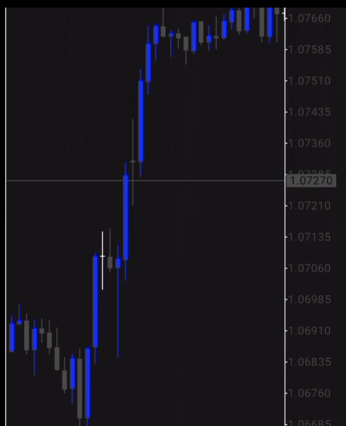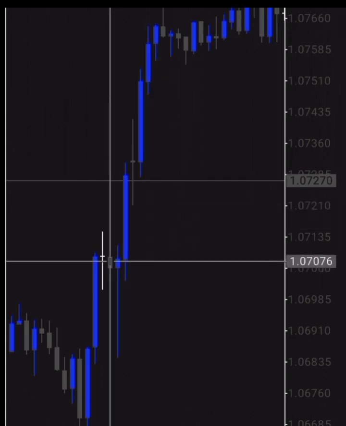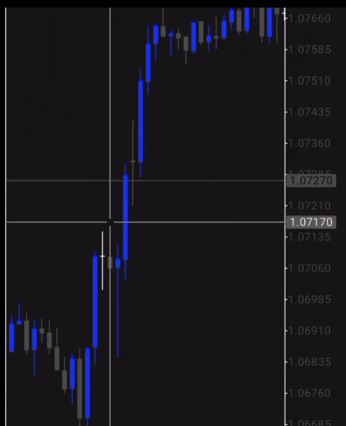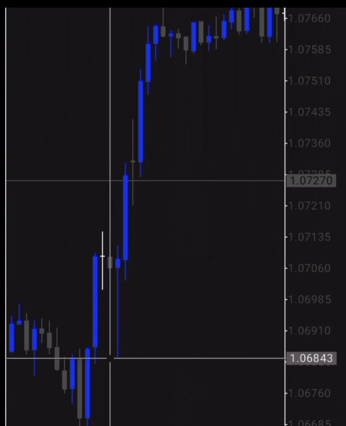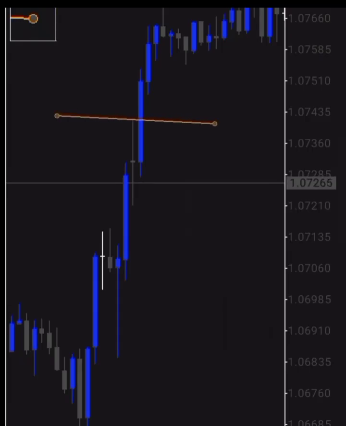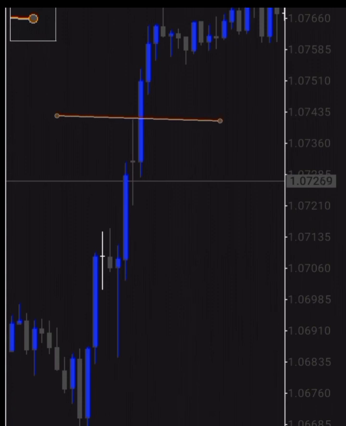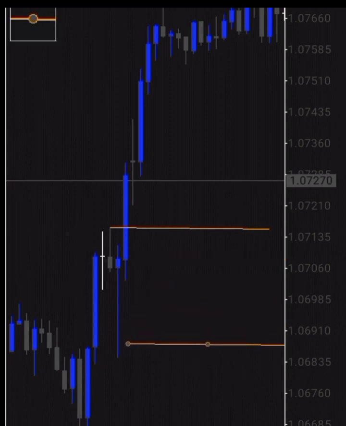To identify an order block, you identify a high and a low, and then you mark out that high and the low. Like this. So you identify your high and your low.